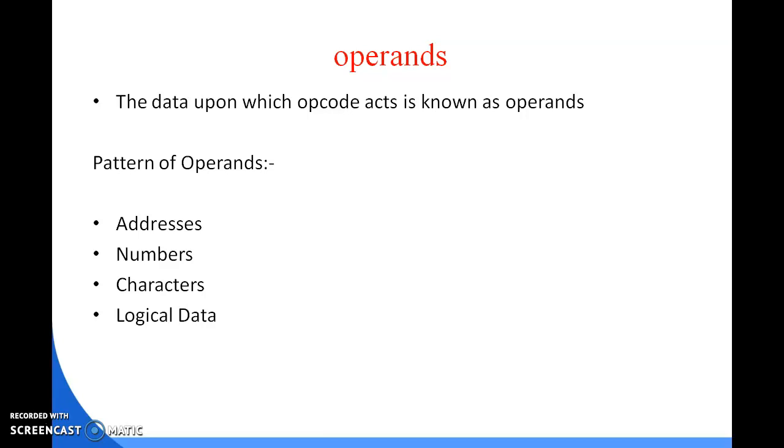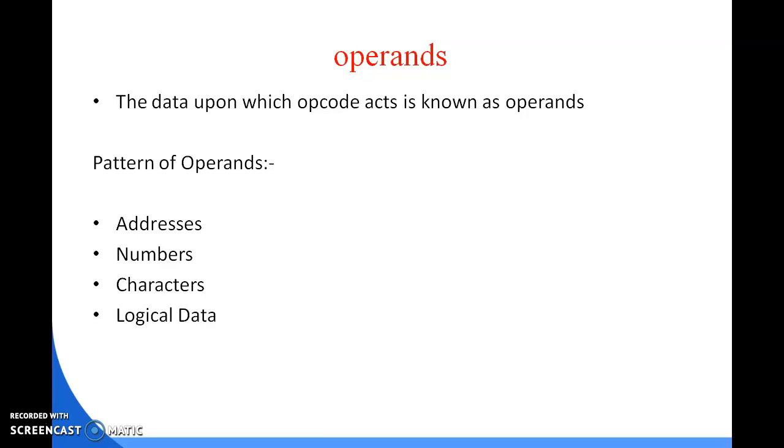So the data upon which an opcode acts is known as operands. You can say the data upon which the operations or instructions act is known as operands. C plus D: C and D are the operands, and plus is the instruction or opcode which acts on C and D. Clear? So that is known as the operands.